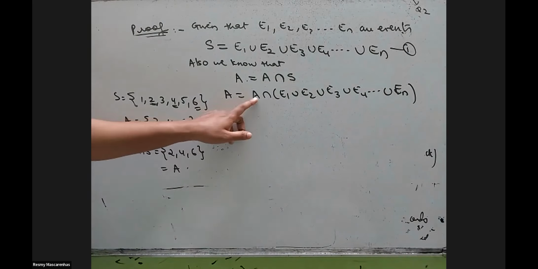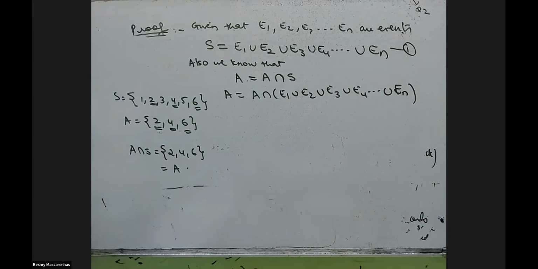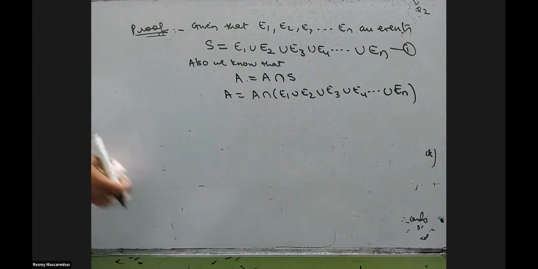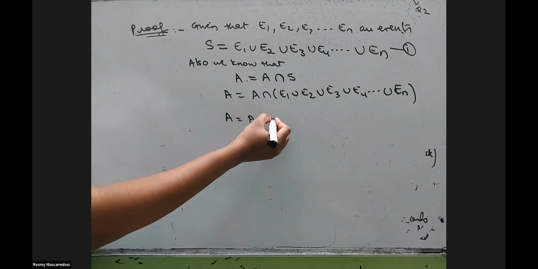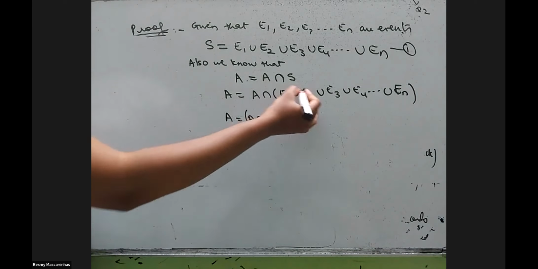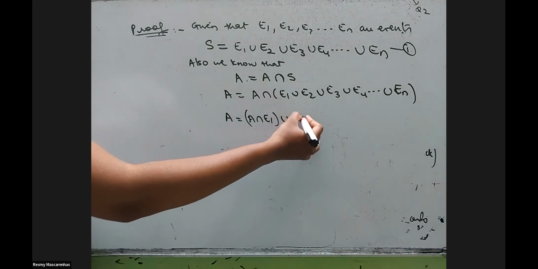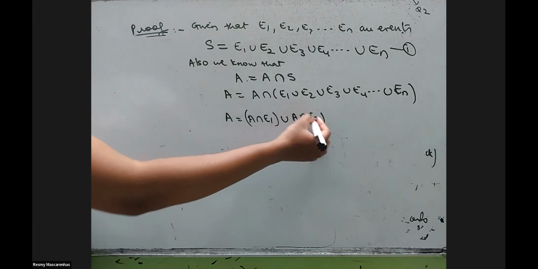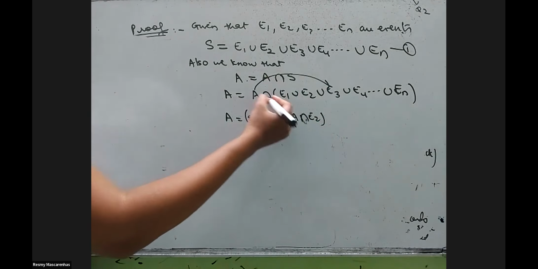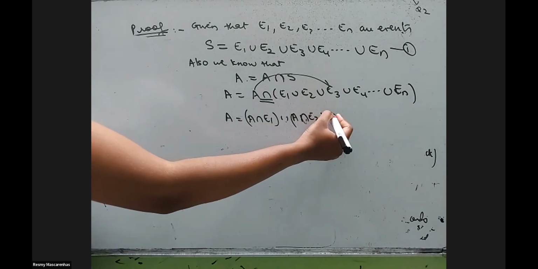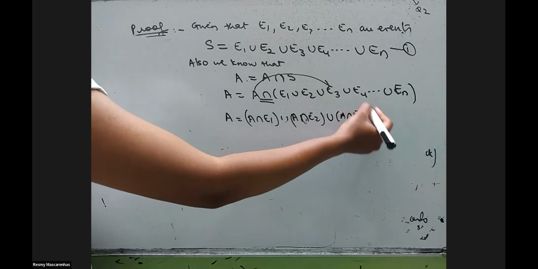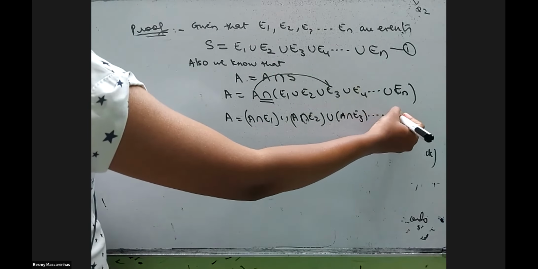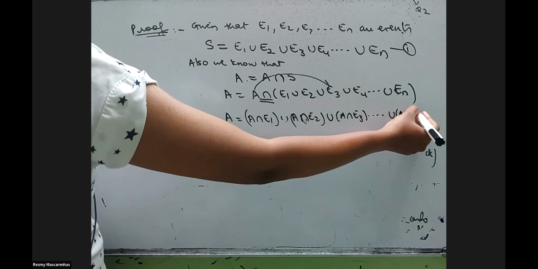Now distribute this A to everyone. In A intersection E1, A intersection E2, then A intersection E3. This part applies to everyone. Same way E4 also, up till En.